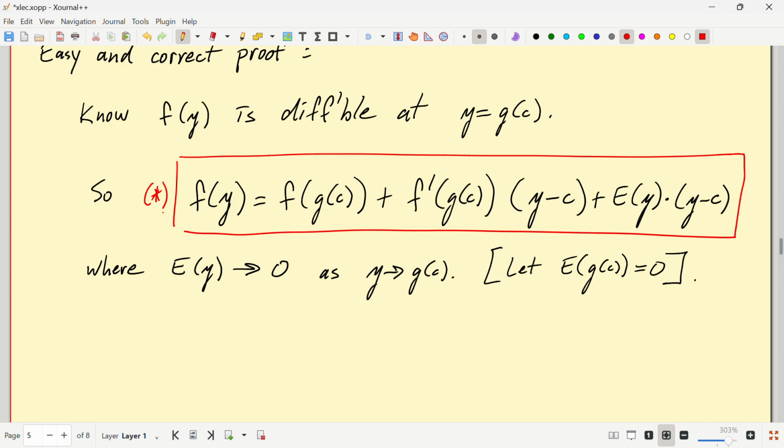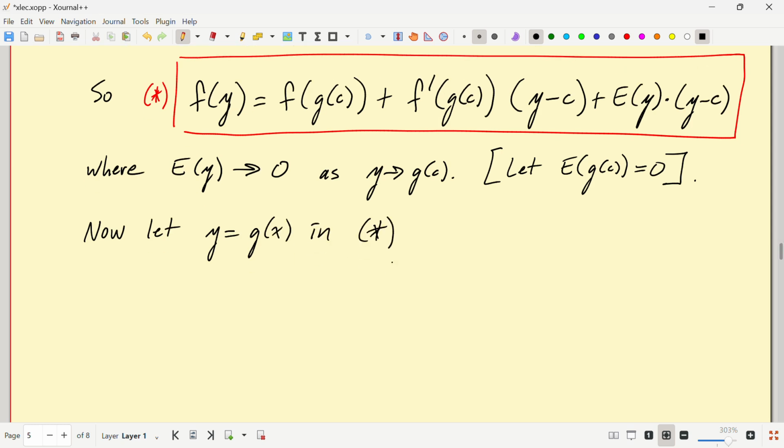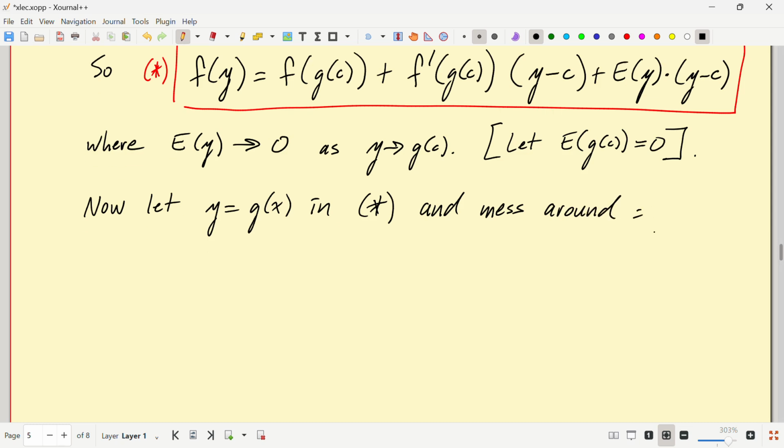Okay, let's mess around with star a little bit. Now, let y equal g of x in star and pull it apart a little bit. So there's star.